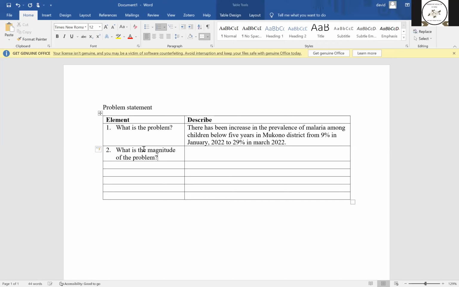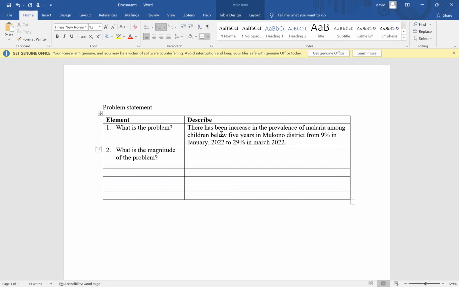So what's the magnitude of the problem? How big is this problem? So I think I would have stopped here, as the nature of the problem. So we're saying that there's been an increase in the prevalence of malaria among children below 5 years in Kono district.